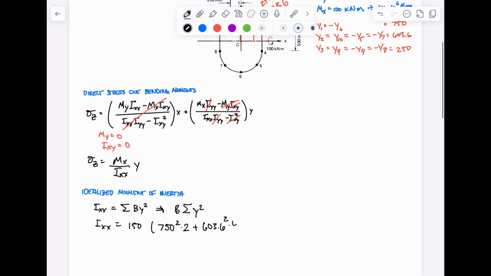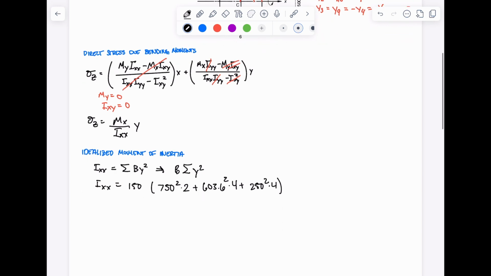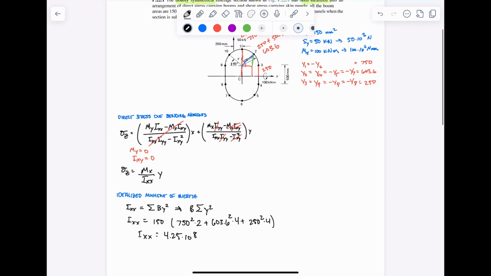And again, boom 3 is 250 squared times 4. And if we solve for this, Ixx is equal to 4.25 times 10 to the power 8.